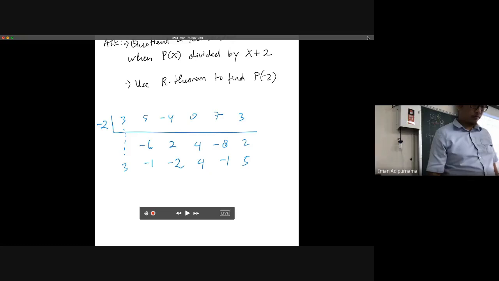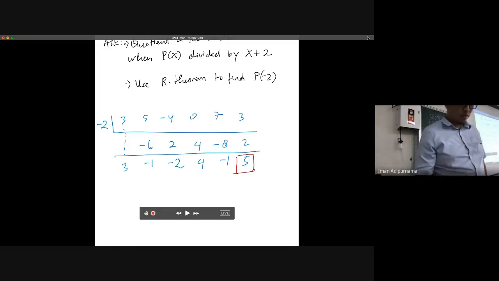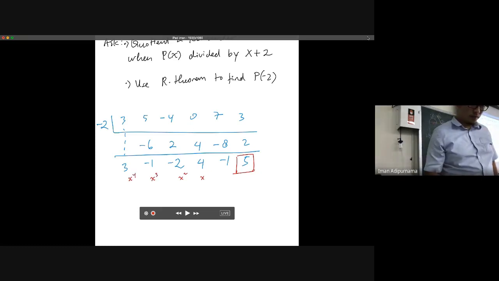Okay, finished, right? And this is 5. So x squared, x cubed, x fourth. So 3x fourth.